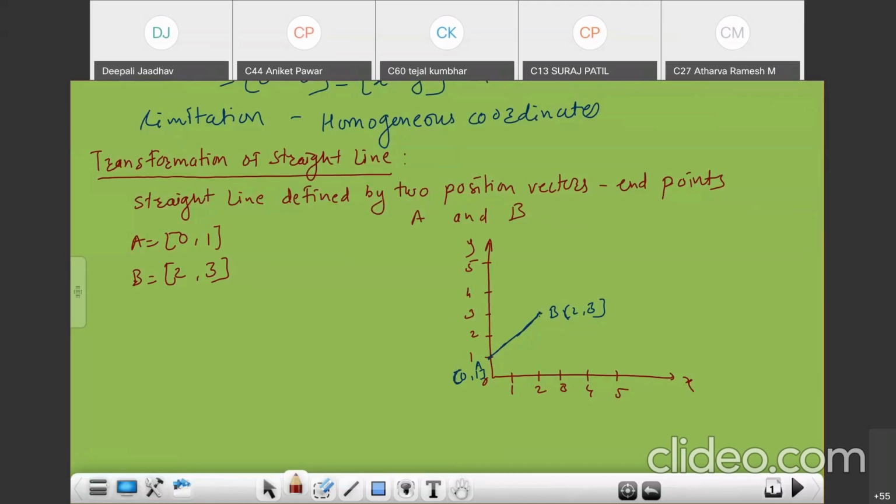Now again it is a 2D transformation. So the transformation matrix for this is A, B, C, D, a 2 into 2 matrix. See with an example.